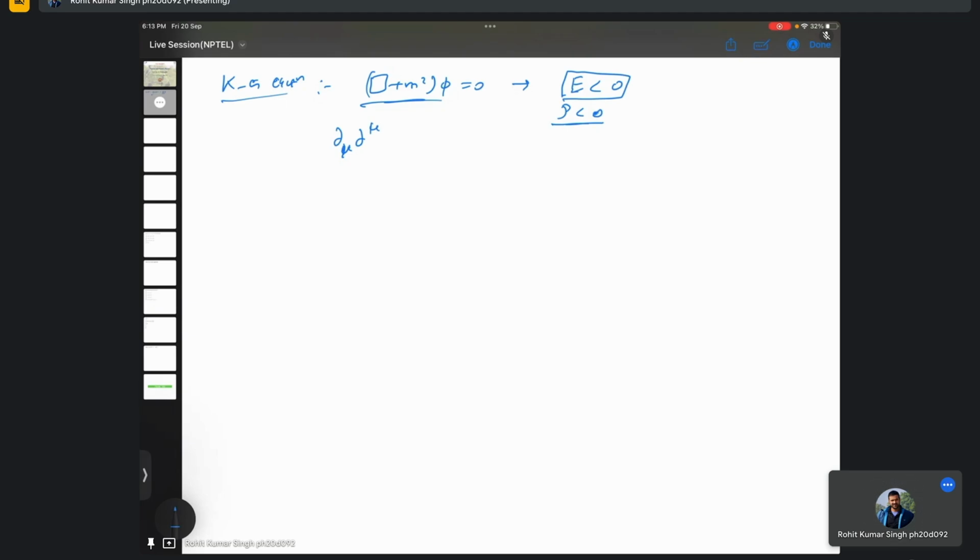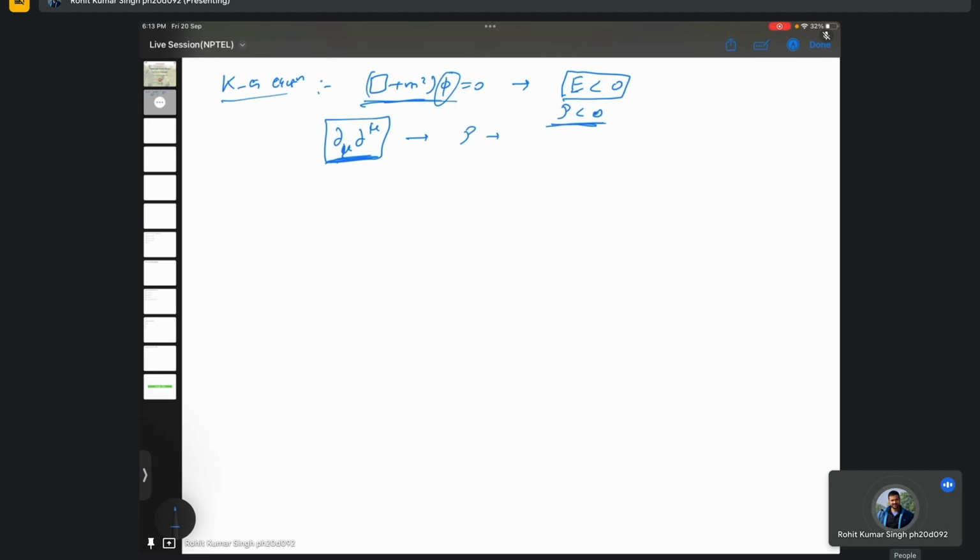Sorry, I'm in a shared lab, so you might hear some noises, but ignore. As you see, the D'Alembertian is a second order derivative. When you apply a second order derivative, you get a probability density with a single order time derivative, and this leads to a negative density. So this is the problem of having a second order derivative in the Klein-Gordon equation.